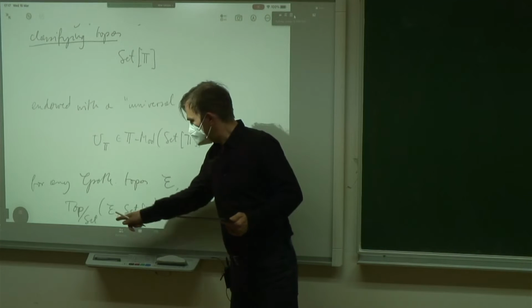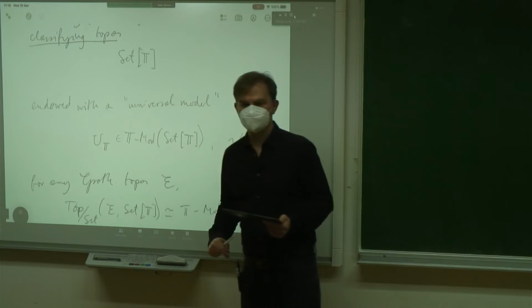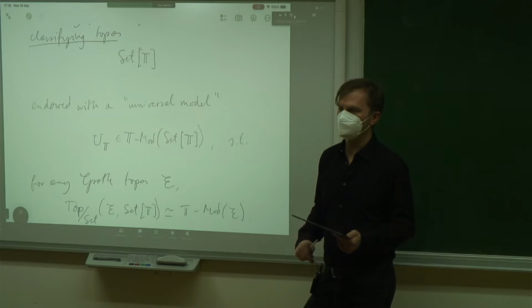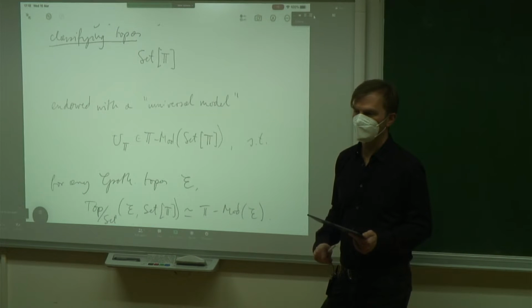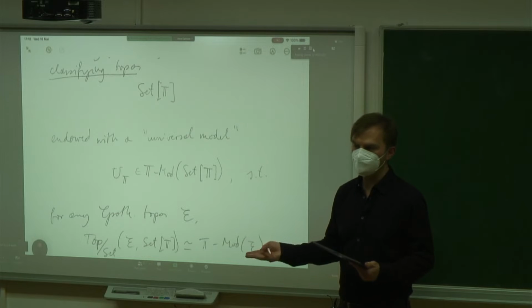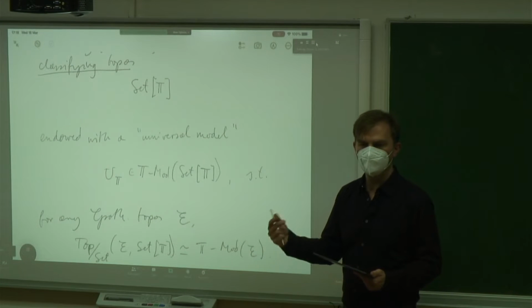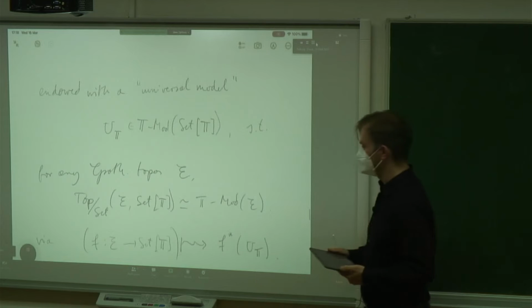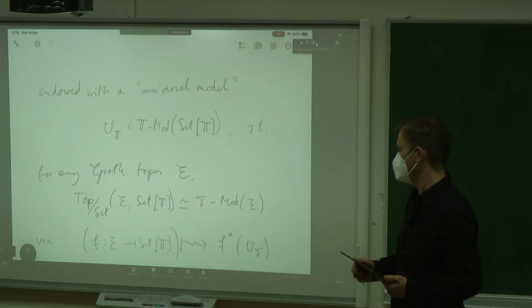So E-valued points of the classifying topos are models inside E. That's why it's called classifying topos. It's a space whose points are models. And what is the functor realizing this equivalence?